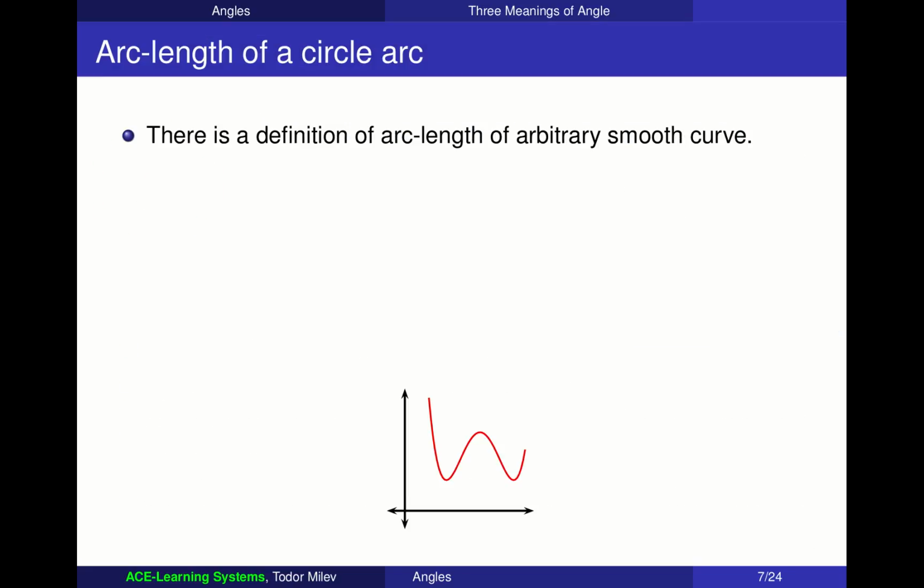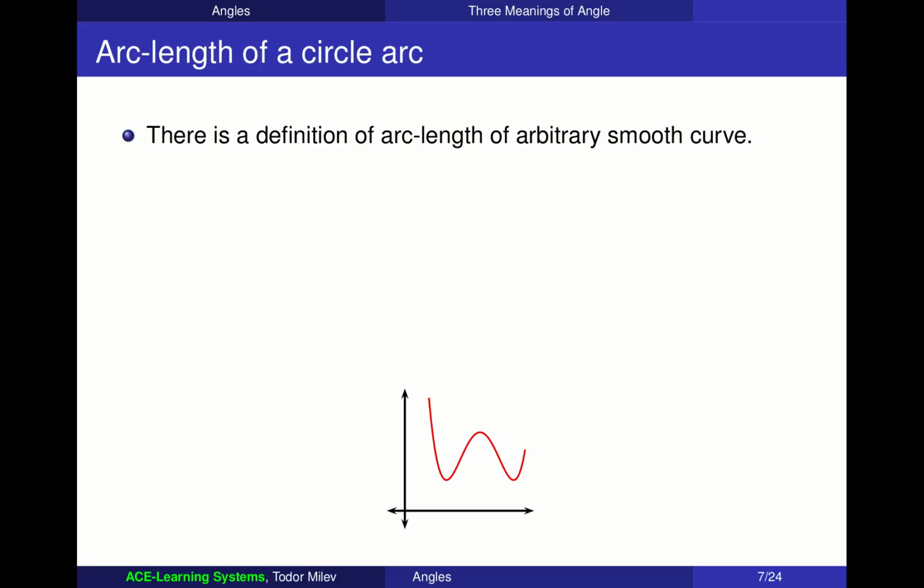But what actually is the definition of an arc length? I'm assuming that all of you know the length of an arc of a circle, but have we actually covered the definition of it?